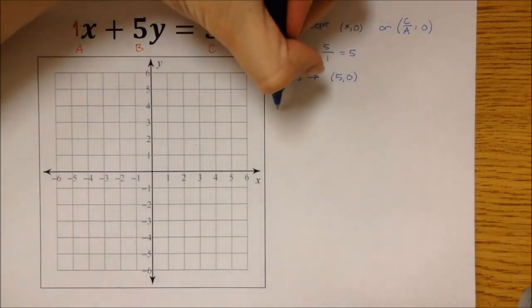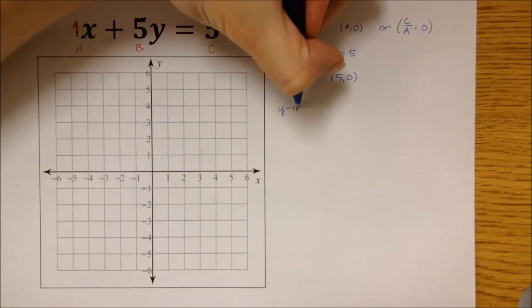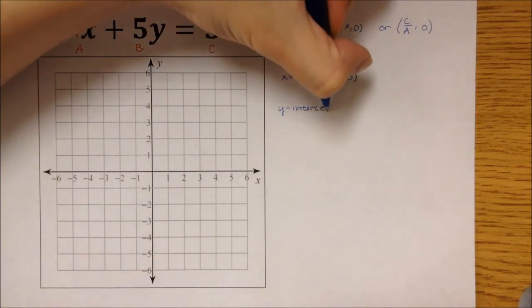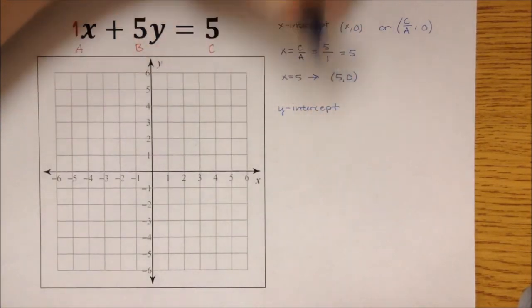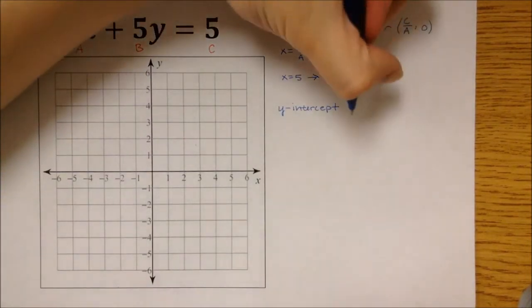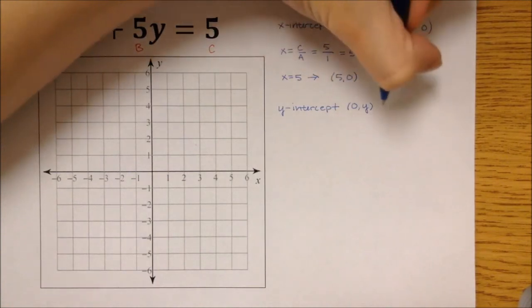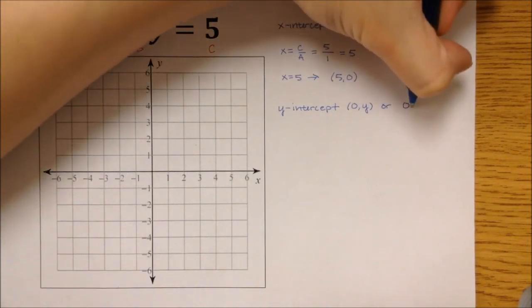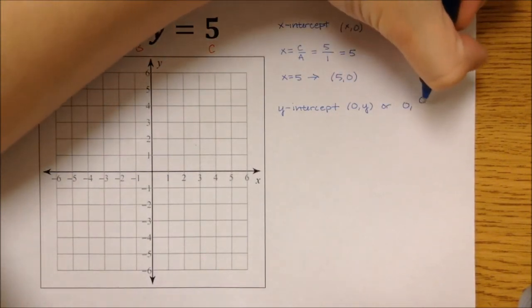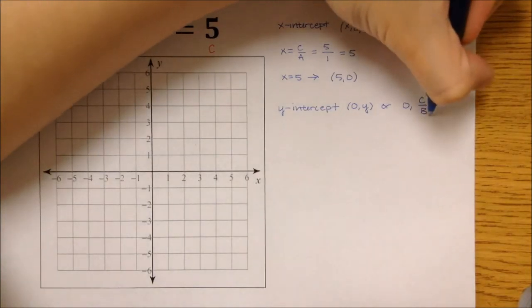Next is find the y-intercept. And again, y-intercept is the corner point, 0, y, or 0, c divided by b.